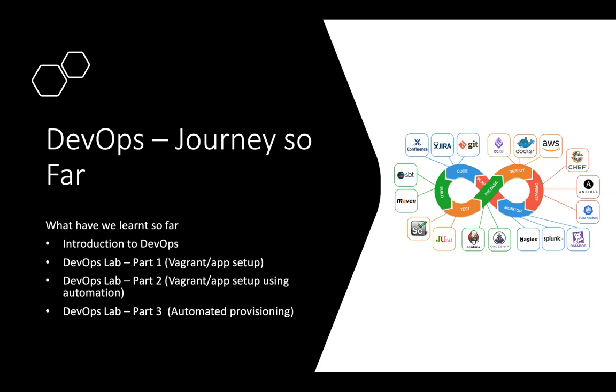Now, in this slide, what you can see is what we have done so far in terms of what DevOps is and how the journey of DevOps looks in an organization. The next step, in this session, is a lab, which is what we'll be concentrating on.